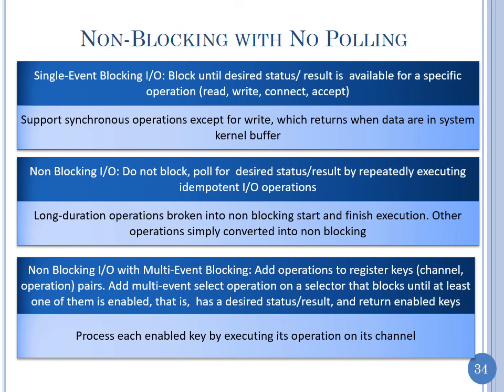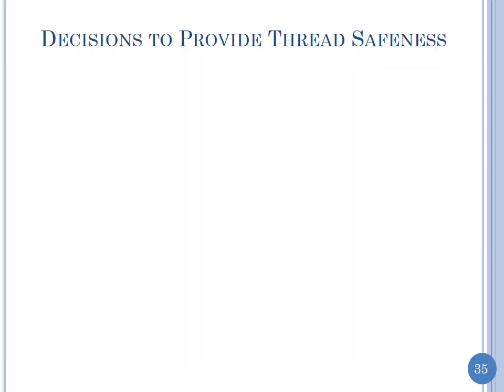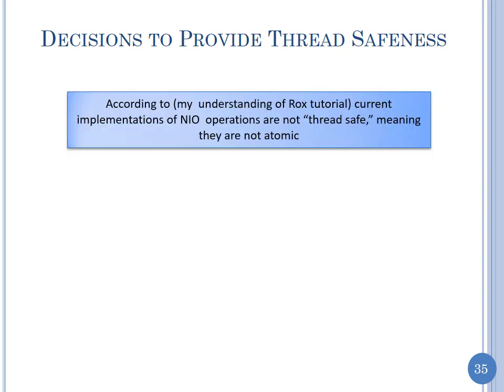Okay, so this sounds not so hard to use. So let's see now what decisions are made by the NIO manager that may be hard to implement. Okay. So some of these decisions, like I said, were provided to me by the ROX tutorial, at least my understanding of it.